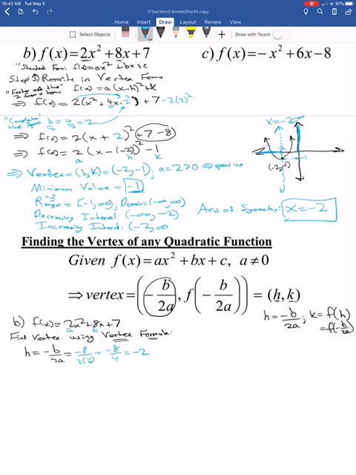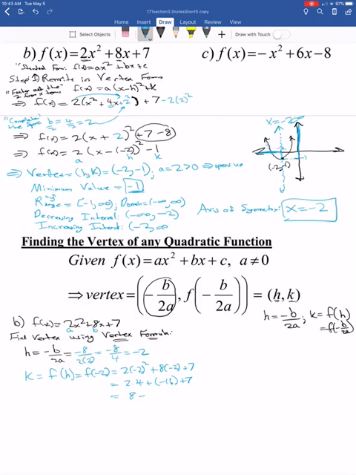And then, of course, k, as we find the y coordinate, is going to be the value of this function f with an input of negative 2. What's f of negative 2? So we take out x, plug in negative 2, and we'll simplify. As we do that, we get 2 times negative 2 squared, which is 2 times 4, plus 8 times negative 2, which is negative 16, plus 7.